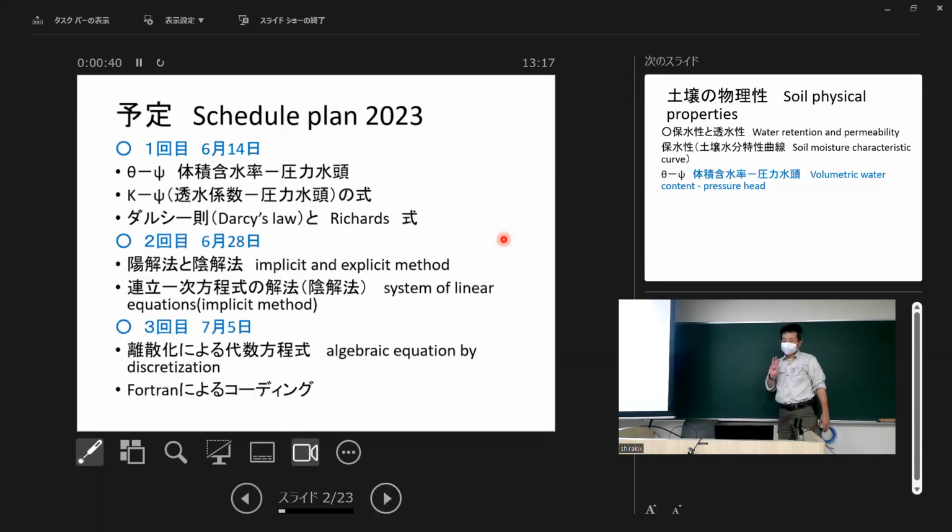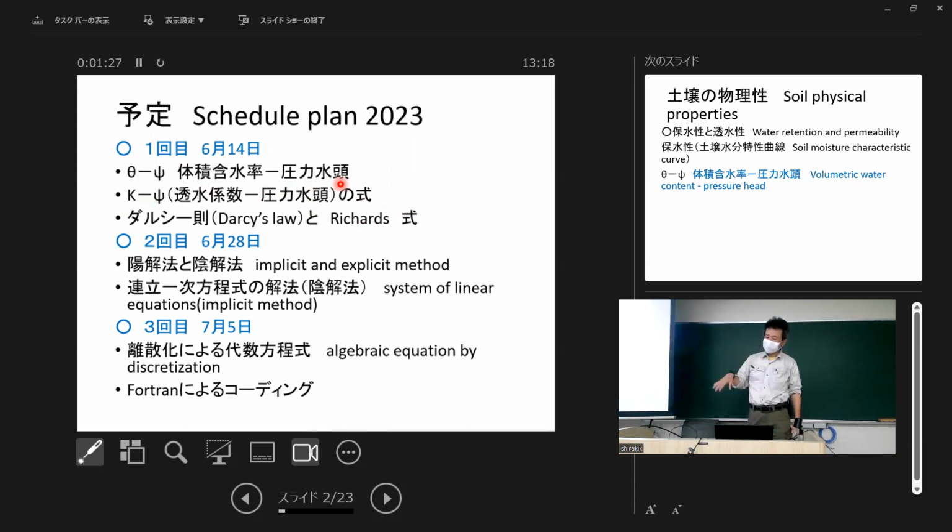I'd like to do three sessions. Schedule from 2023: first, second, third. Today we'll talk about theta-psi, K-psi, and Darcy's law, and then Richards' equation. Today, I will explain some soil physical properties, for example theta psi or K psi, and how to observe them, how to measure them or do laboratory tests of them.